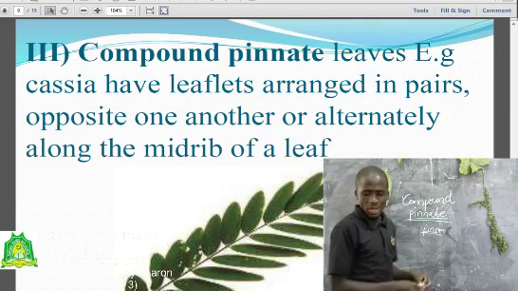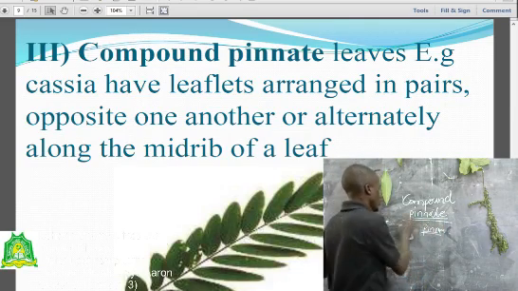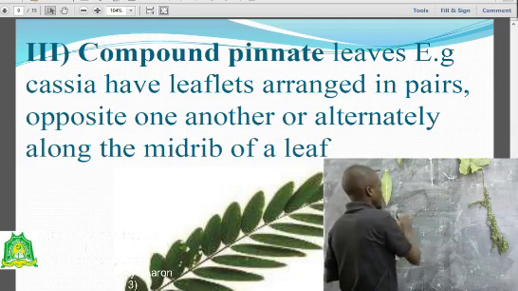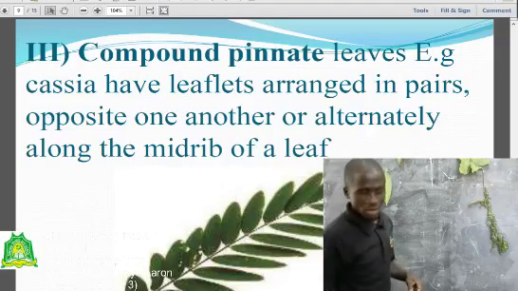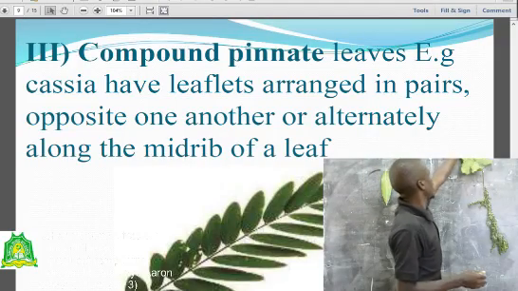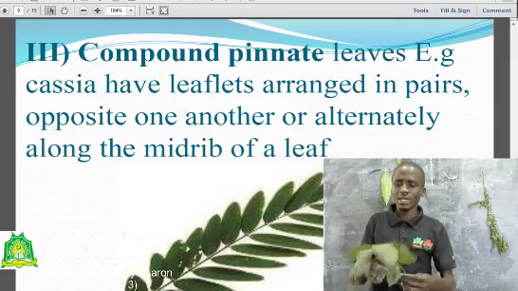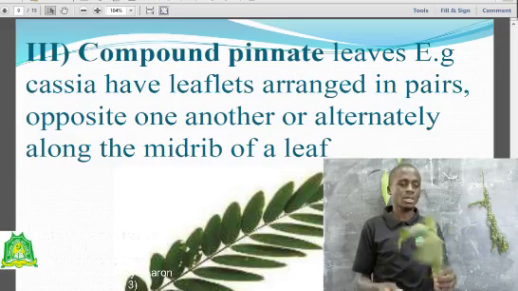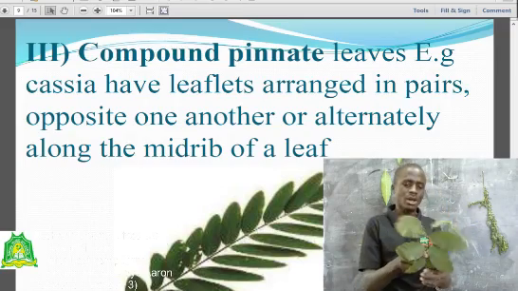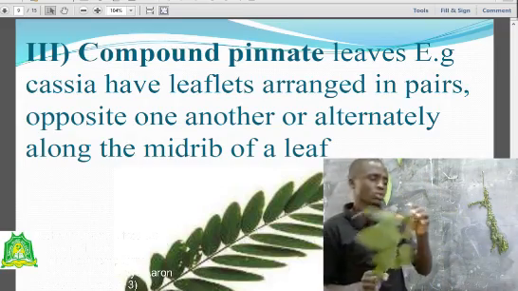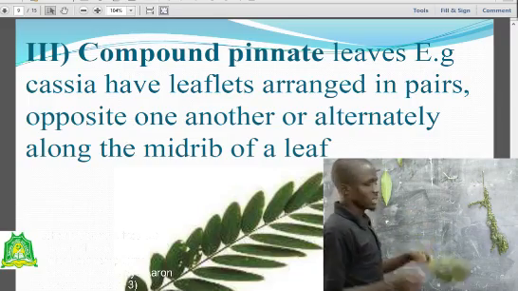Okay, so we have this example of cassia. I don't know how it's called in Uganda, but this is not it.